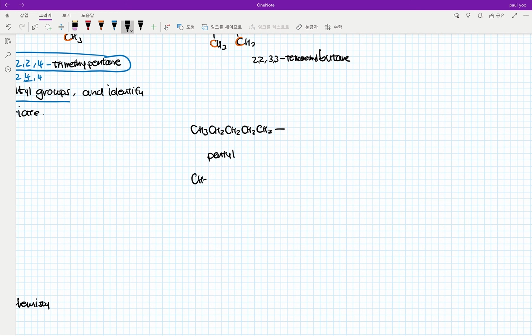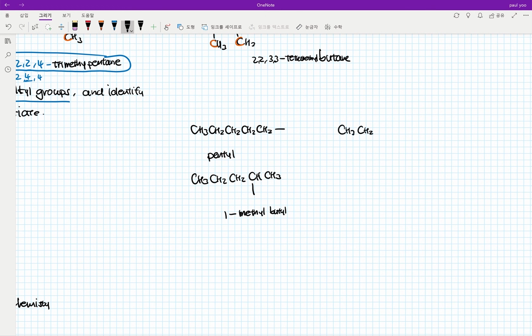And CH3, CH2, CH2, CH3 can have an R group attached to the second to last carbon and will be considered 1-methylbutyl group.